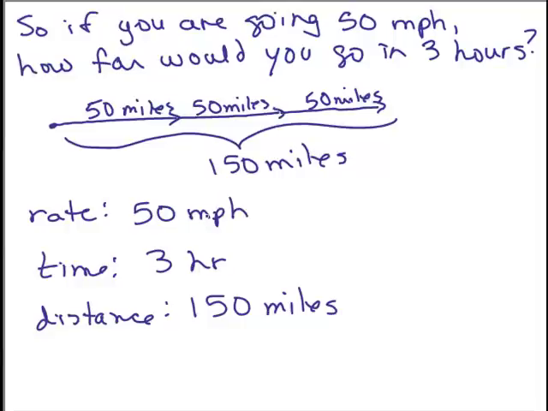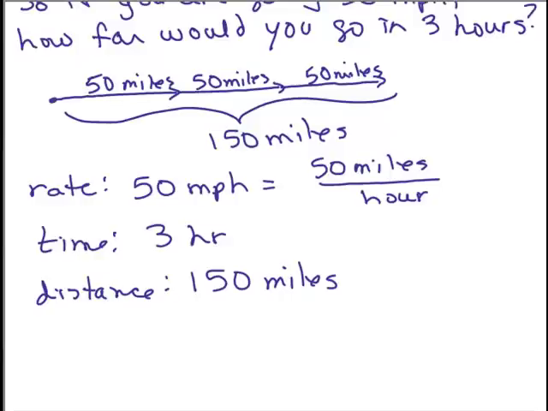So in this first one, when I write miles per hour, I'm going to now write that like this, miles per hour, the way I showed you previously. That's how you could really write this out. And notice that if the rate has miles in it, then the distance has to be in miles. And if the time in the rate has an hour, the time here is also going to be in hours.